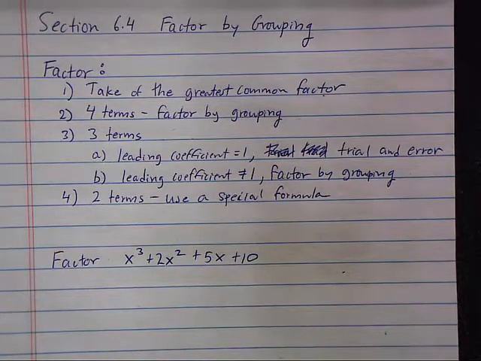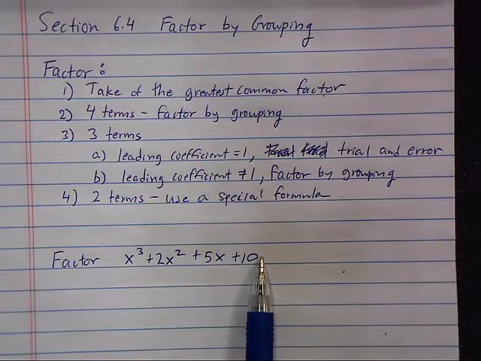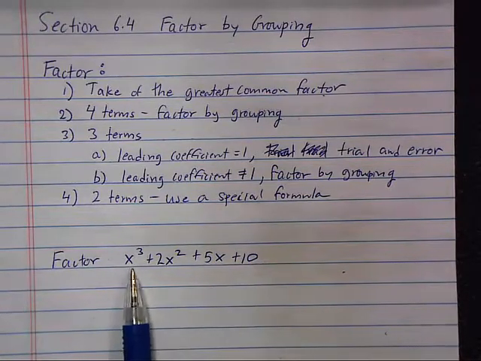So the very first thing I do is I look for a common term. Is there a common term in this polynomial? No, there's nothing that's common to all 4 pieces, is there? There's x in 3 of the pieces, but not x in the 4th one. And the numbers, we got a 1, a 2, a 5, and a 10. Nothing common there. So there's no common factor.